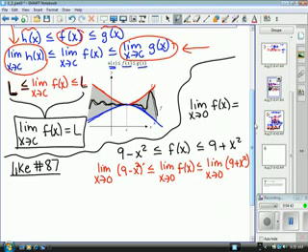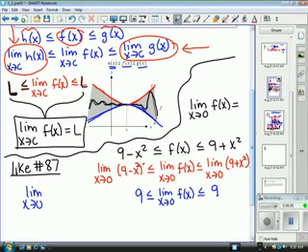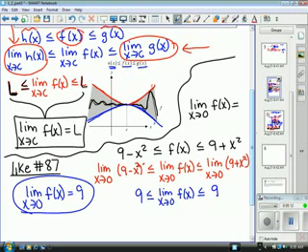So what's this first limit going to be? 9. Just stick 0 in, right? Now I have no clue what this one is yet, do I? What's the limit of this? It's 9. So this has to be 9, right? That's the squeeze theorem in its basic form.